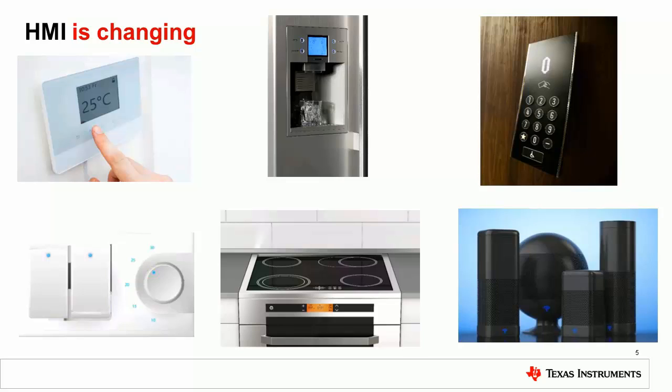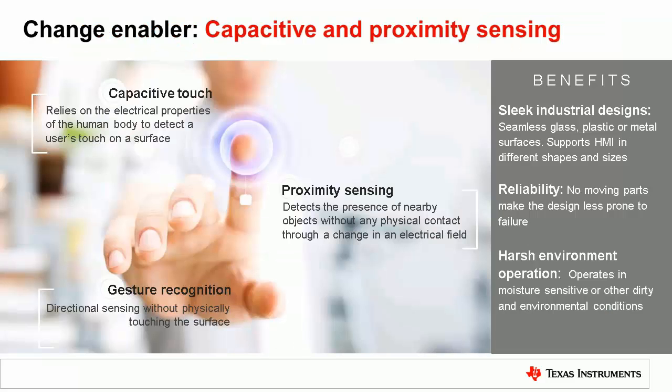We're seeing much more sleek industrial form factors, HMI fitting into smaller spaces, really trying to come up with simpler designs to make things easy and convenient for people to use, but also, once again, sleek, attractive, and robust industrial designs. So there are some major trends in the industry where you see this type of change.